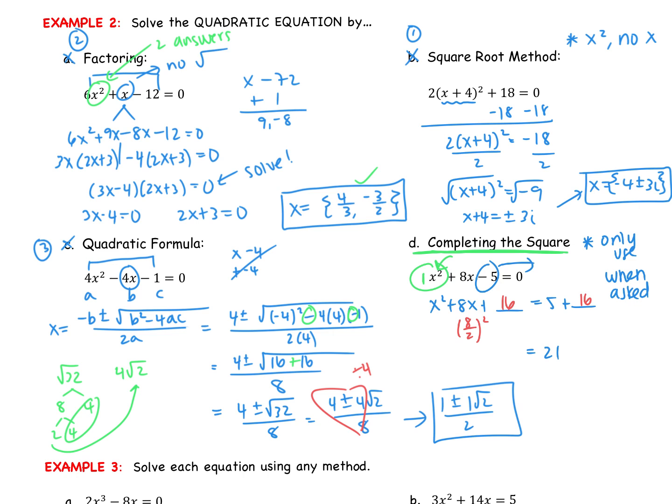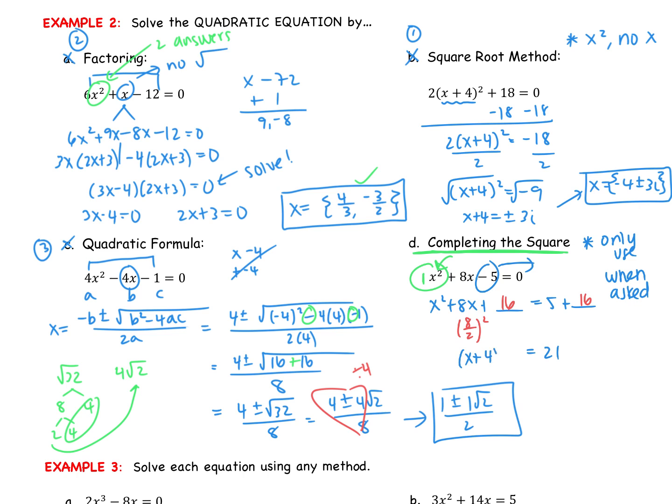Left side, Amina, if I go to factor that, I'm looking for 2 numbers that do what? Multiply to 16, add to 8. Maria, what are those 2 numbers? 4 times 4, always going to be the same number.